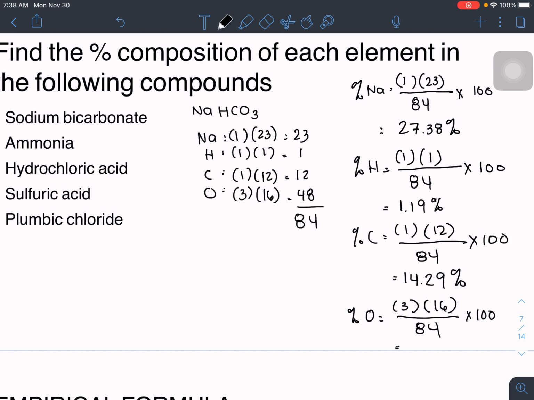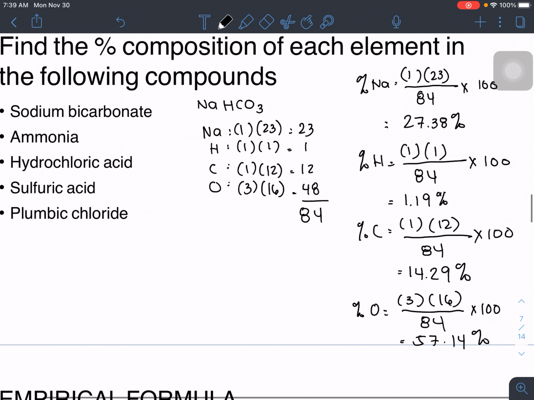The total will be 57.14%. When we add up all these percentages, that will be almost equal to 100.